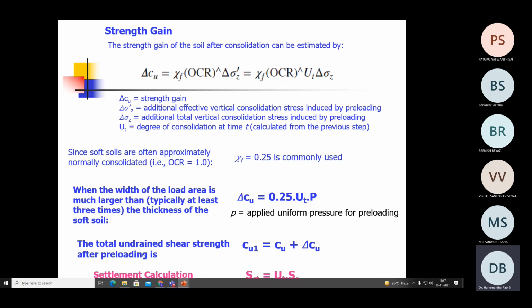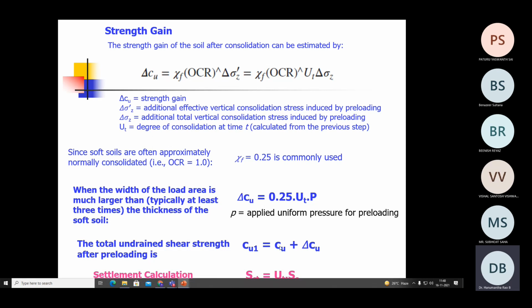And the total undrained strength after preloading: the preloading will not be done in a single sequence. It will be done in 1, 2, 3, 4, 5 number of stages or even more. Suppose I know the initial undrained shear strength, the increased shear strength is nothing but delta Cu as a result of the applied pressure.